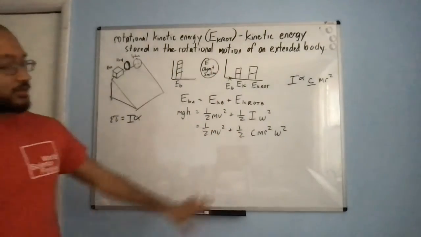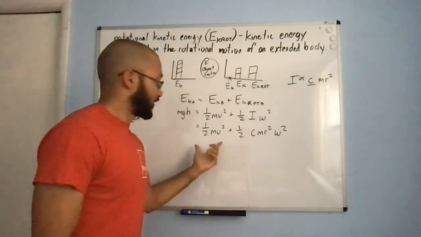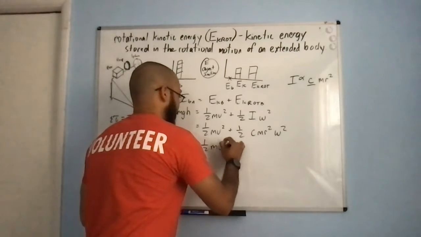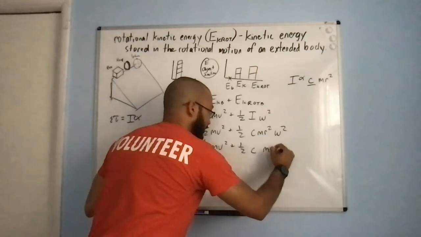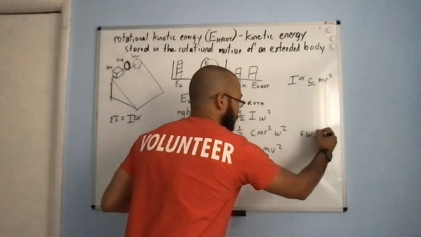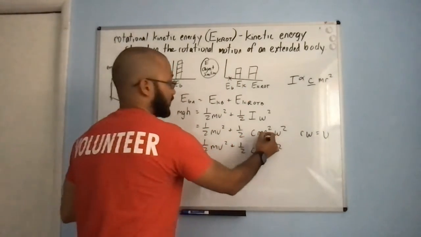I basically want to relate this to the kinetic energy because I think it's easier to see it that way. So 1/2 mv squared plus 1/2 C mv squared. Just remember r times omega equals v, so this right here is v squared.